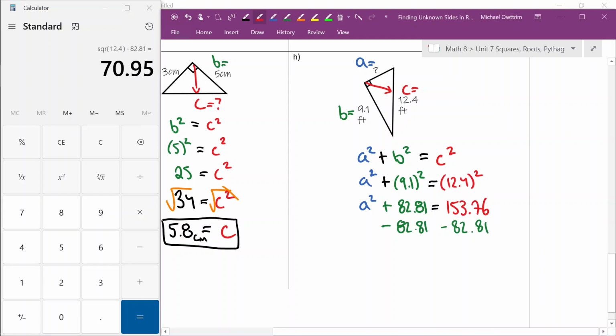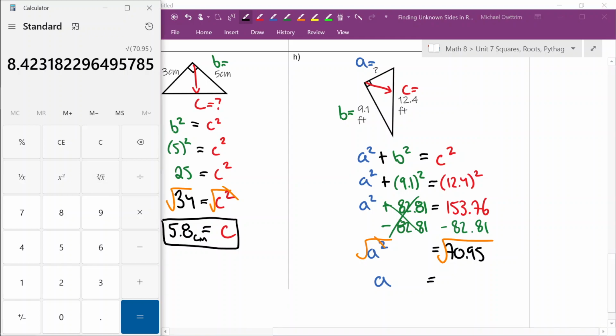And I get 70.95 on the right side. On the left side, my plus and my minus cancel out, and I have just a squared. To finish up, I need to square root both sides to cancel out the square on my a. And on the other side, square root of 70.95 is 8.42. So rounding to the nearest tenth is 8.4 feet.